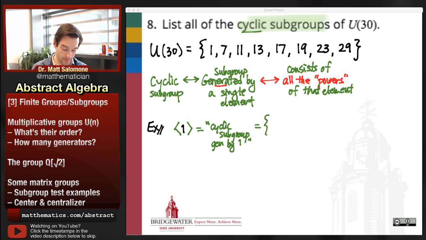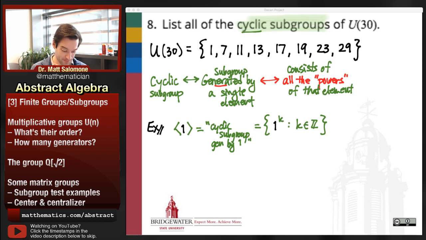Well, definitionally, again, it's the set of all powers. So it's 1 to the power k for all integer values of k. So every integer power of 1, I pile all those results together, and that set of elements is going to be a subgroup, which we would actually probably want to prove. It's called the cyclic subgroup generated by 1.